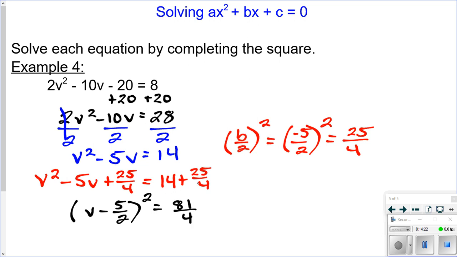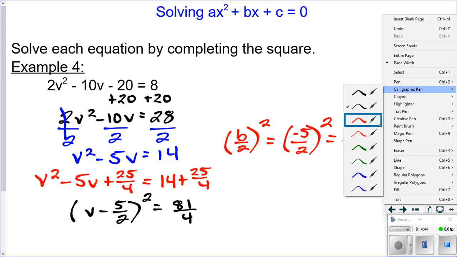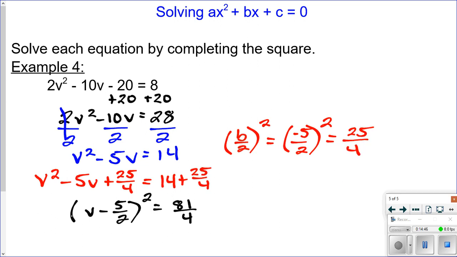Again, you can just put that in your calculator. 14 plus 25/4, it'll give you this. Your calculator will probably give it to you as a mixed number, but there's a button you can push that'll change it back to an improper fraction. So again, if you just Google those, you'll find out how to work fractions in your calculator. And if you didn't know how to do it, it'll make your life a whole lot easier.